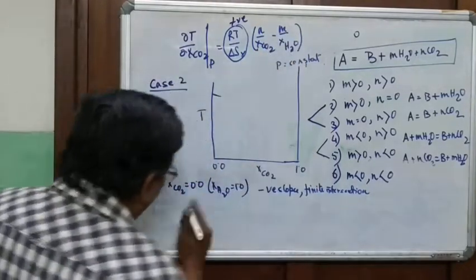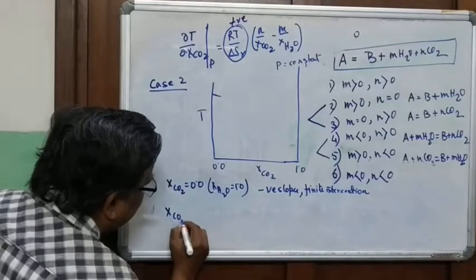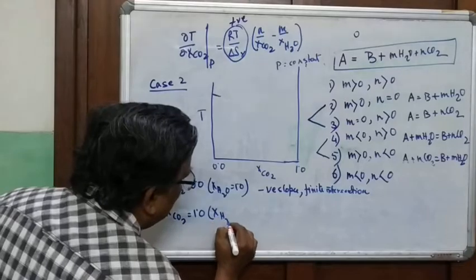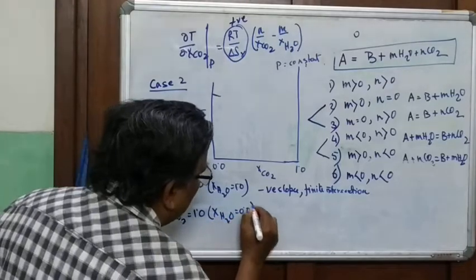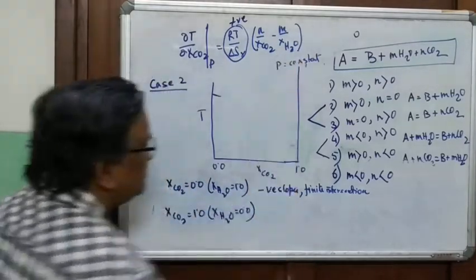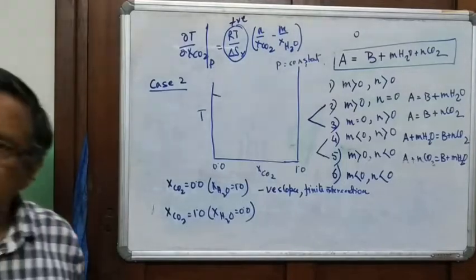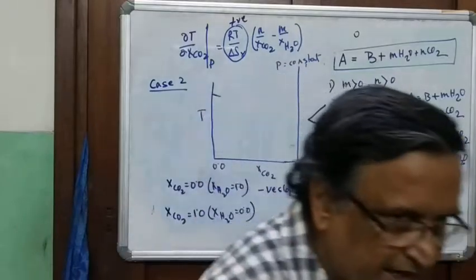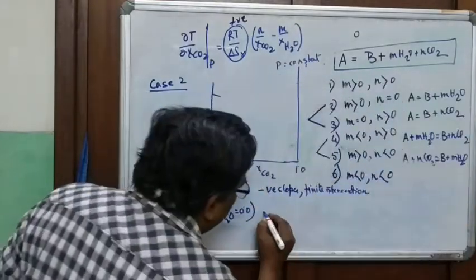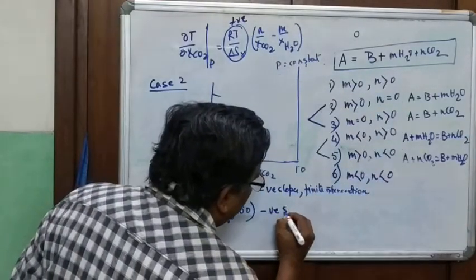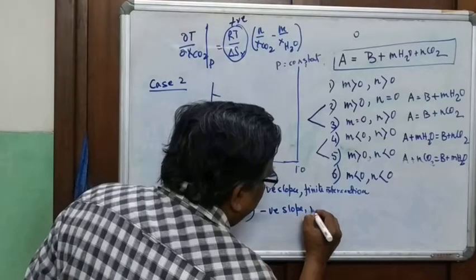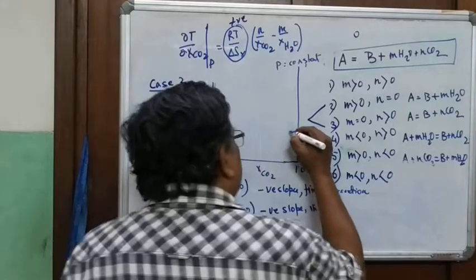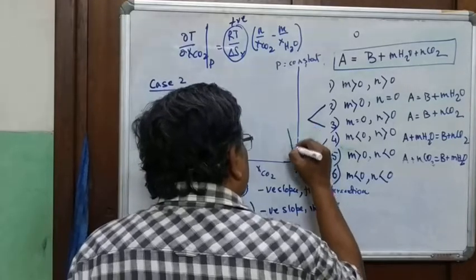But if we go to the point where you have XH2O equal to 0.0, then this value is infinite. Negative, infinite. So we have a negative slope again, but infinite. If we draw it at this end, it will be something like this.